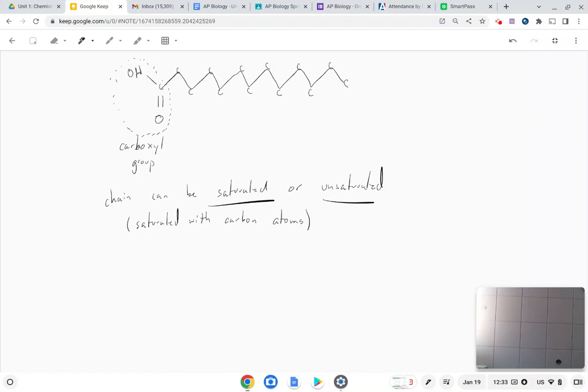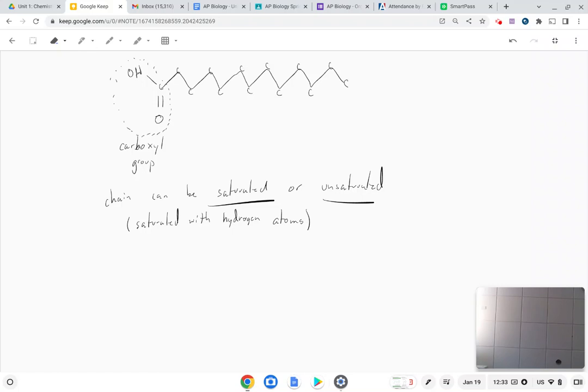Think of these molecules as being completely saturated with carbon atoms. In other words, they can't... oh no, I'm sorry. Gosh, hydrogen atoms. Completely saturated with hydrogen atoms. So think of these molecules as not being able to take on any more hydrogen atoms.